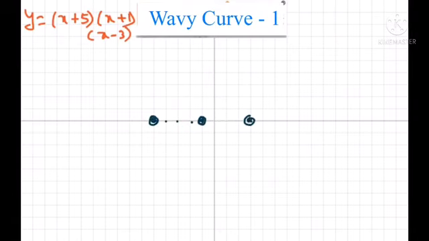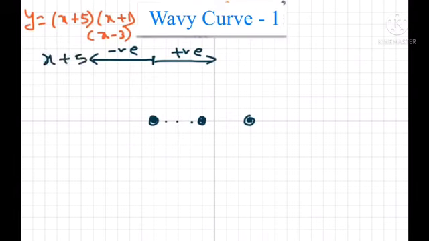So when you plot the graph, let's see. First of all, x plus 5. If you look carefully, x plus 5 is negative here and positive here. This is for x plus 5.